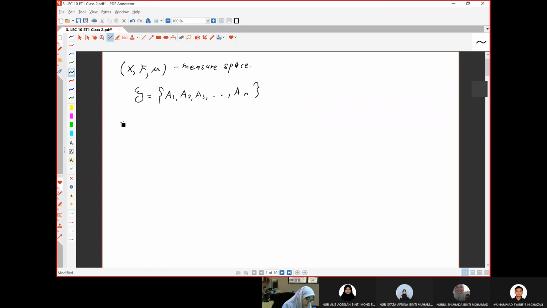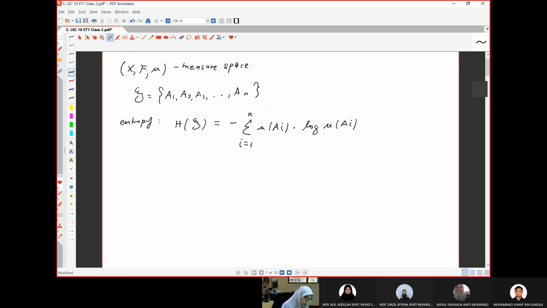So we define entropy H, or we call it the entropy of the partition, is equal to minus the summation of i from 1 until n, measure of the element in the partition psi, multiplied with the log of the measure of the element in the partition psi.